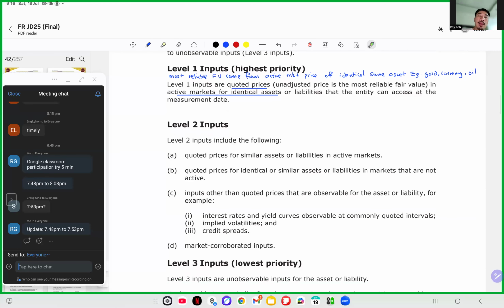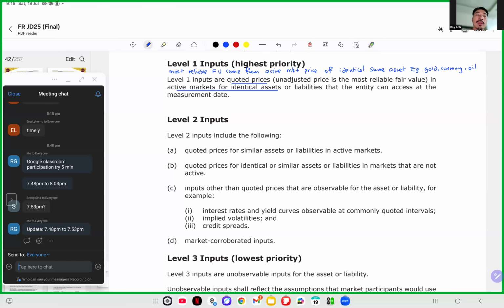However, level 2 is reliable, but not the most reliable. This is a reliable fair value coming from an active market, the adjusted market price of your similar, not identical, asset.